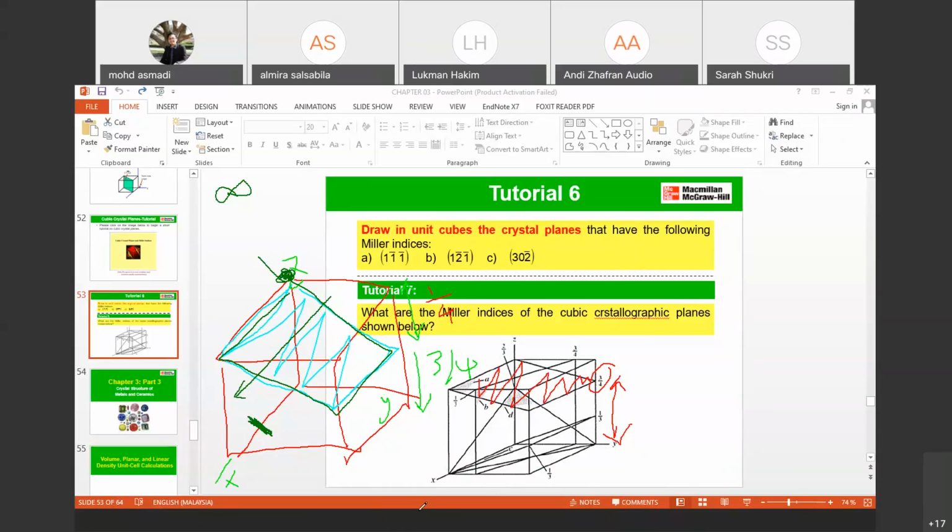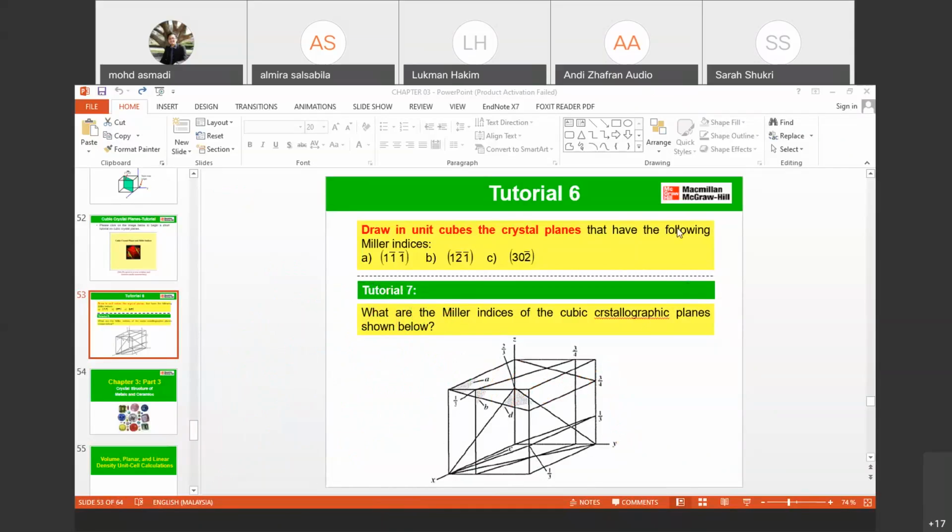Okay, dah ada yang post tak? A-nya tak nampak doktor. Tadi saya dah draw dah. Okay, dia kat sini. Saya kasih gambar lah dekat group. Nampak tak?